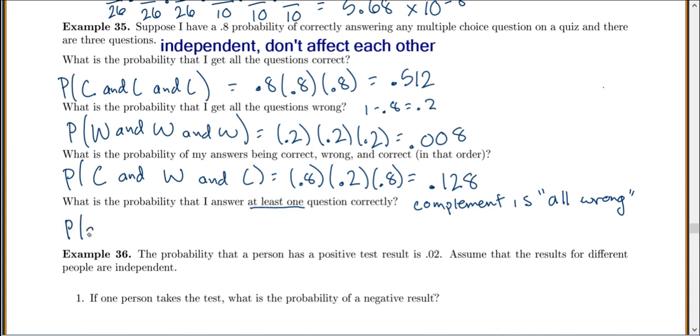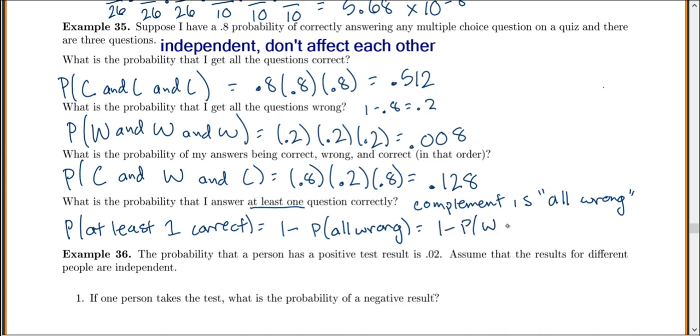So the probability of at least one correct equals 1 minus the probability that they are all wrong, or 1 minus the probability of wrong and wrong and wrong, which we found up above is 0.008. So 1 minus 0.008 should give me 0.992.